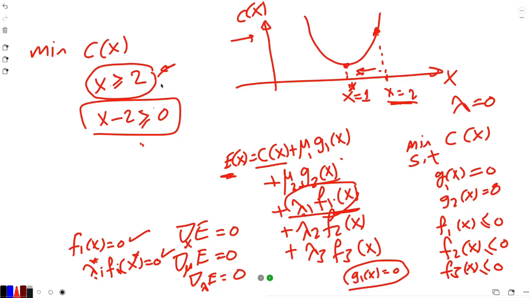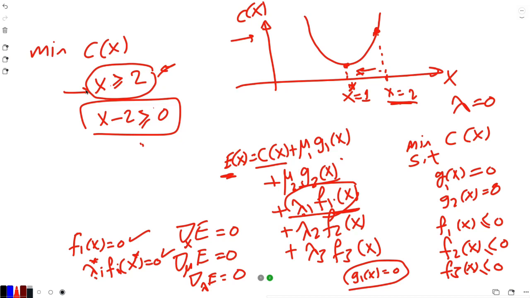Assume that you would like to minimize, you are looking for the optimum price that minimizes your losses in your business. But you have a condition here that, for example, the item that you need to sell must be greater than or equal to 2. So this is a strict condition.